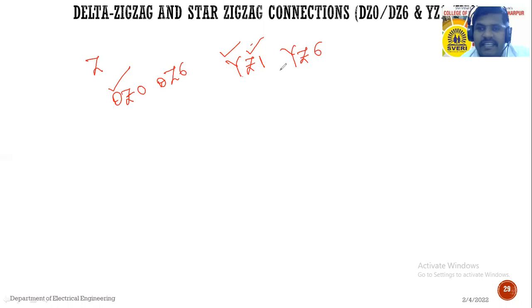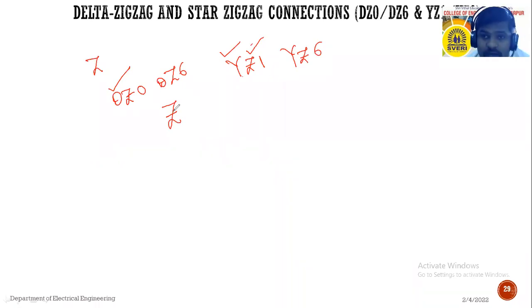The phase angle is 30 degree, a lagging phase angle of 30 degree, and YZ6 is totally opposite to that of star. The Z is the representation of the zigzag connection. Whatever the representation of the zigzag connection is, it is represented by Z.